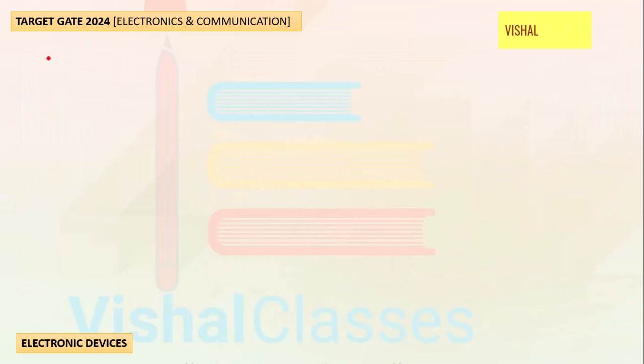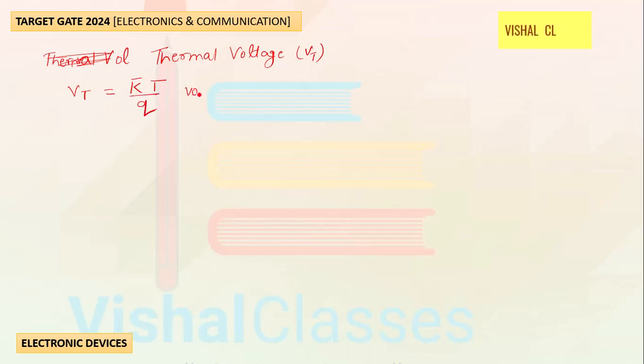Okay, next write in notes: thermal voltage. Thermal voltage V_T is given as kT upon q volts.